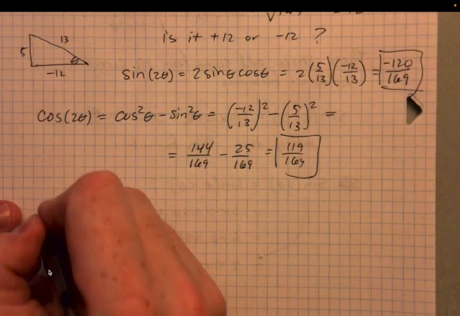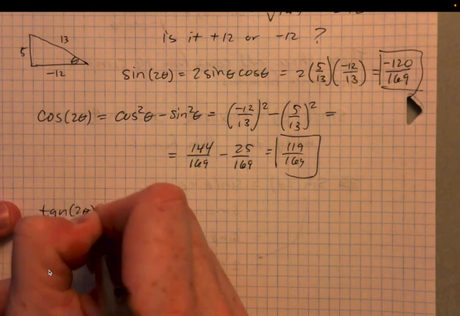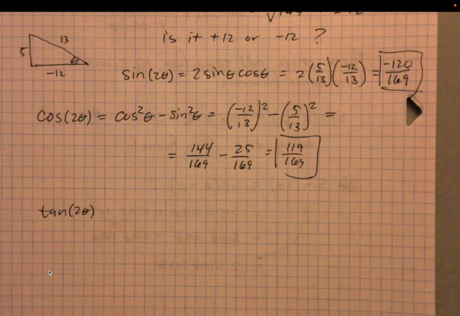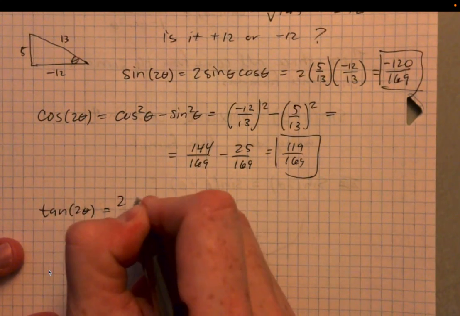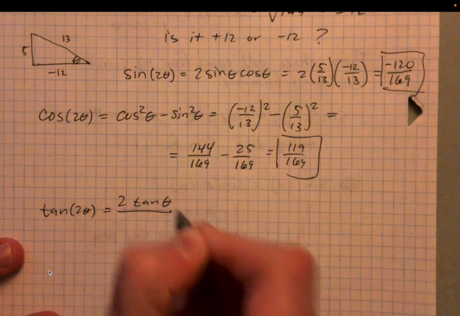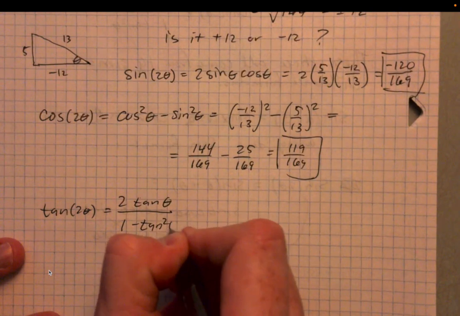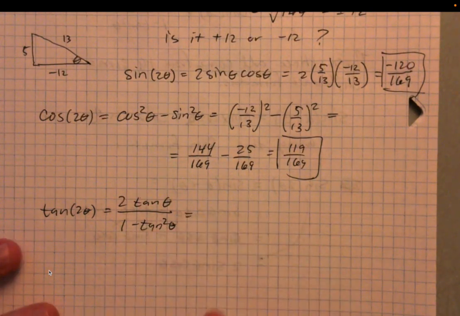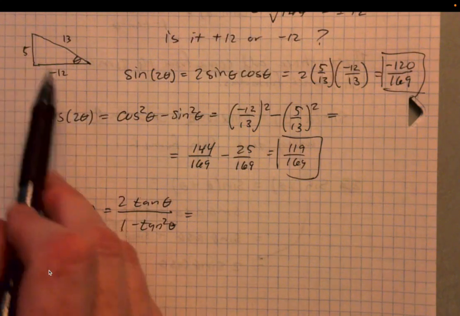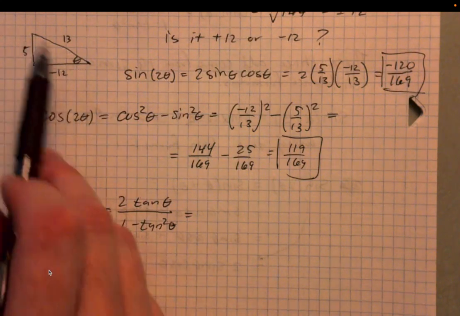And then finally the tangent. This is just a straightforward application of the double angle formula. It's 2 times the tangent of theta over 1 minus tan squared theta. The tangent is 5 over negative 12.